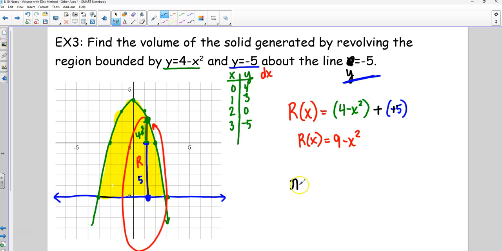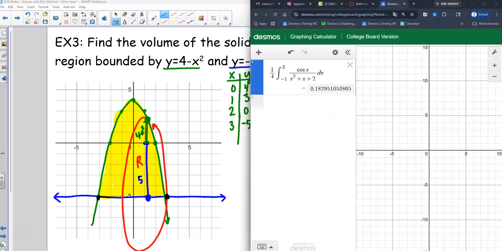So we've got to do pi times the integral. What are my limits? -3 to 3. I can see those from my graph right there, of 9 minus x squared dx. Let's make this one calculator active for the sake of time, because we've already done this a few times today.